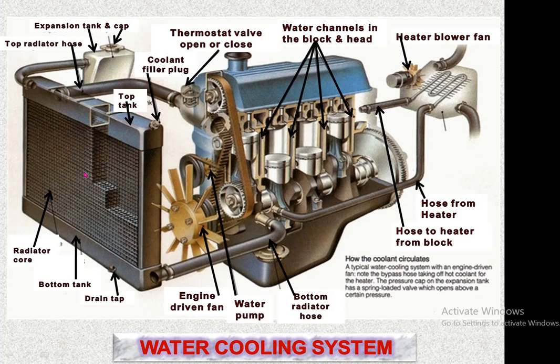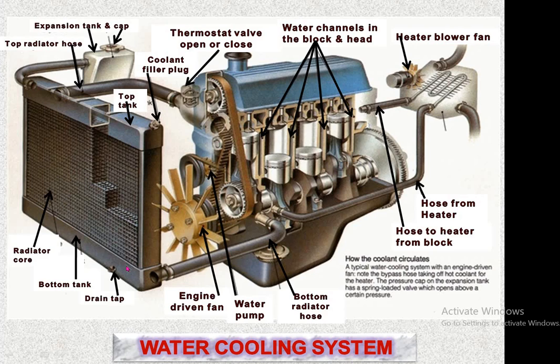The radiator core is a tubing system in such a way that water circulates inside and an air current flows on the periphery of these tubes in which water is circulated. So this is the radiator core.